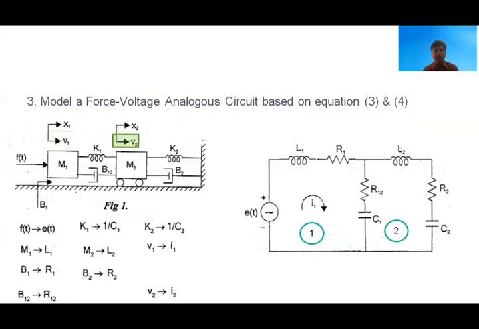Similarly, V2 is analogous to current I2 in loop 2. Therefore, the common components like K1 and B12 connected in between the M1 and M2 mass bodies have the differential velocity V1 and V2. Similarly here, in the electrical circuit, the current passing through the R12 and C1 components has the differential current flow.